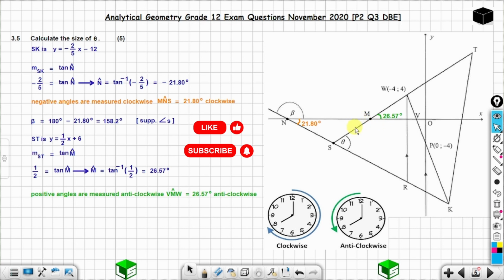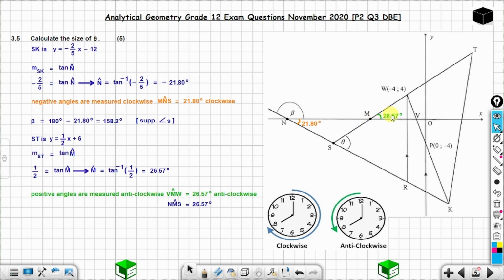Now we need this angle, NMS. We need this angle inside this triangle. The angle NMS is equal to this, because these are vertically opposite angles.